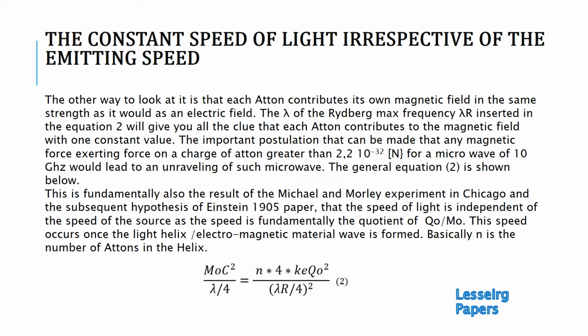So what happens here is that the more atoms you have flying in this helix is basically n times the charge force in equation 2 on the right side. So as n increases, the only actual thing that can increase on the left side is if lambda decreases.